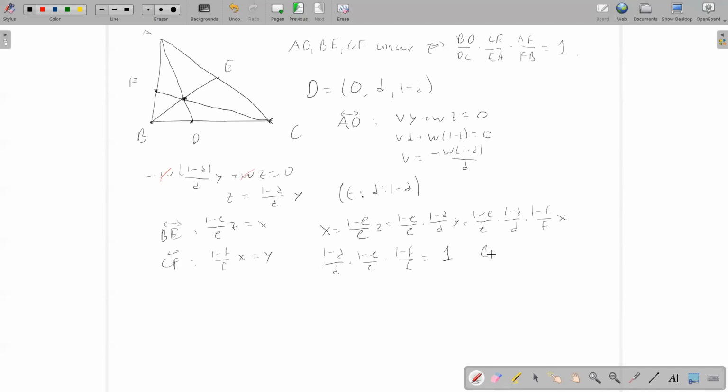But this is exactly what Ceva says. So if you looked at the triangle, the fact that the b coordinate is d is saying that this right here is d, and this is 1 minus d, and so forth. And thus, what this is saying is bd over dc times ce over ea times af over fb equals 1. And we're done.